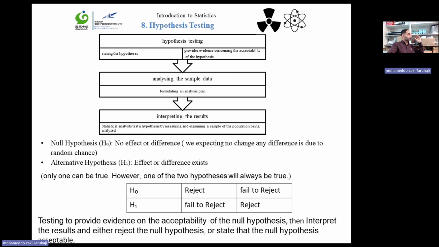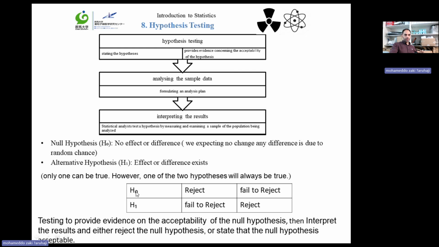So in the scientific language, we say this hypothesis is rejected. If my null hypothesis is rejected, automatically it means we fail to reject the alternative hypothesis. If I fail to reject the null hypothesis, it means automatically I am rejecting the alternative hypothesis. So let's go.